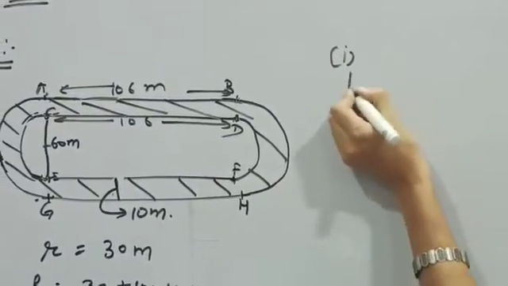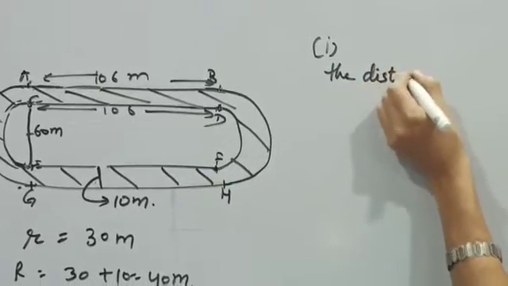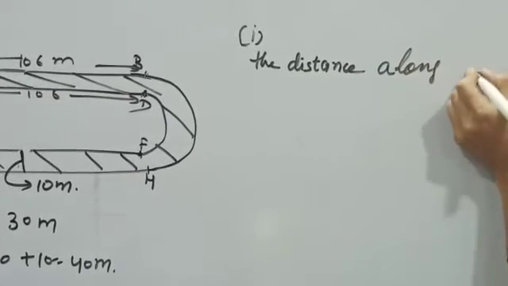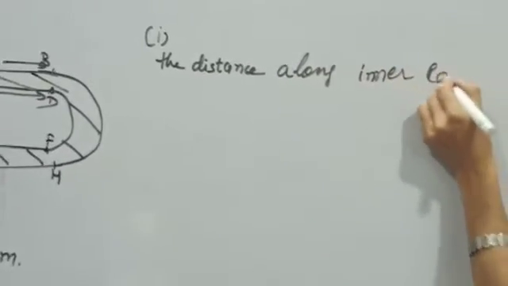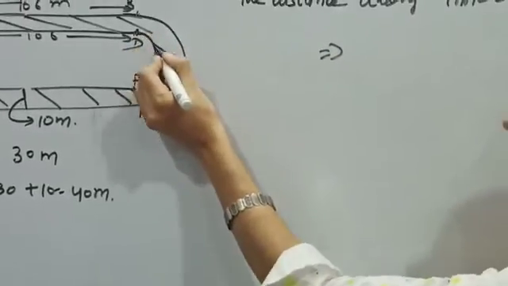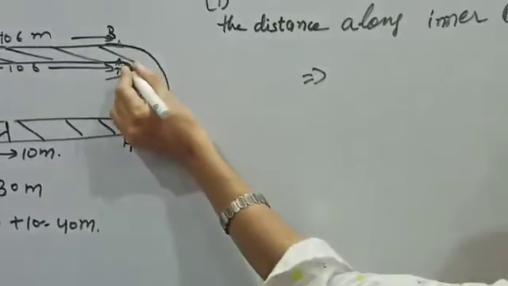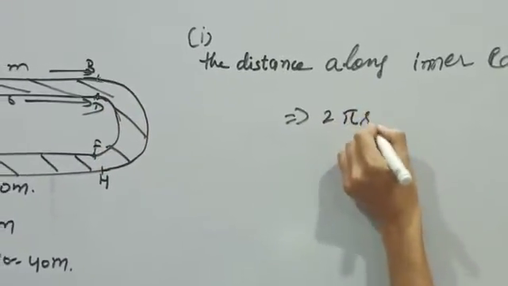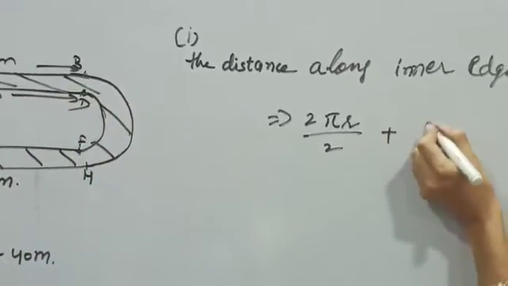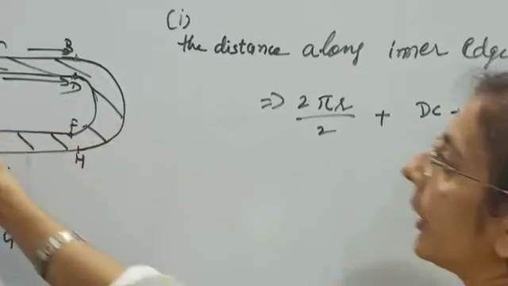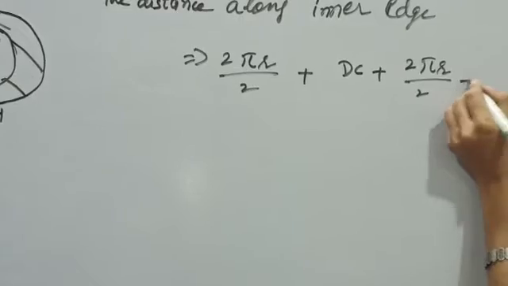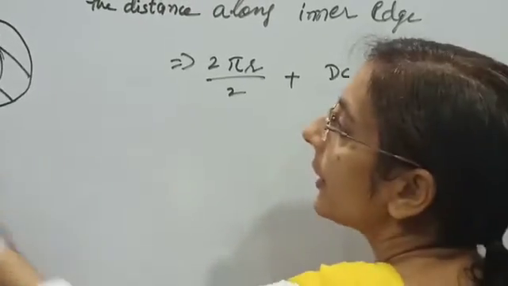Firstly, we have to find the distance along the inner edge, which is equal to the semicircular boundary, that is the semi-perimeter, plus the DC length, plus the other semicircle, again 2 pi r upon 2, plus the length EF.